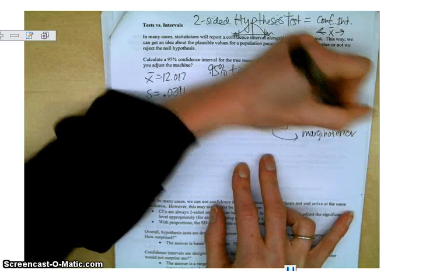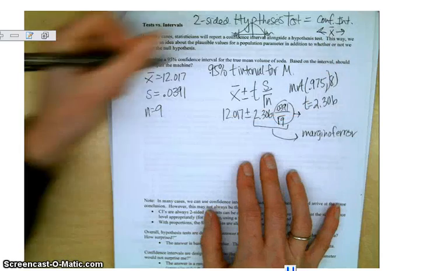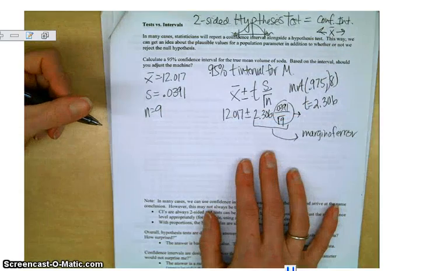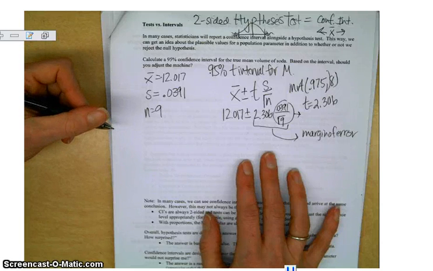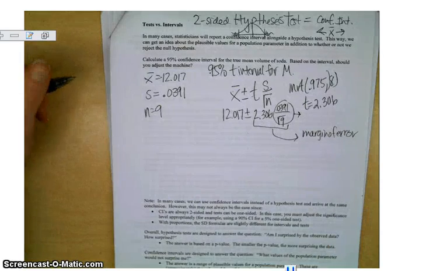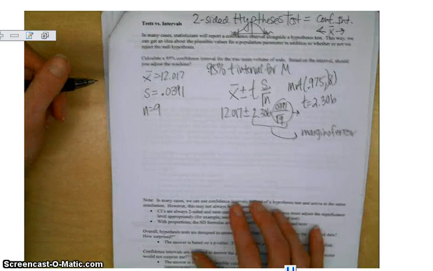And what's just this part called? The s over the square root of n. I'm going to make you look that up. If you want to know it, you'll have to look it up.